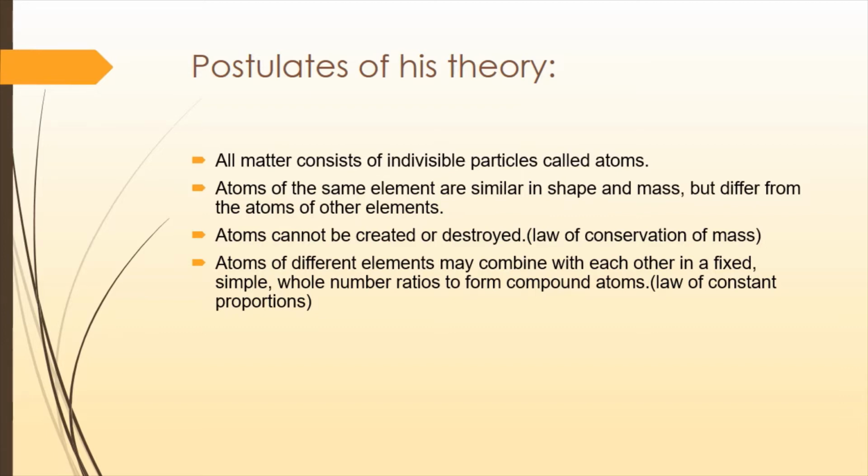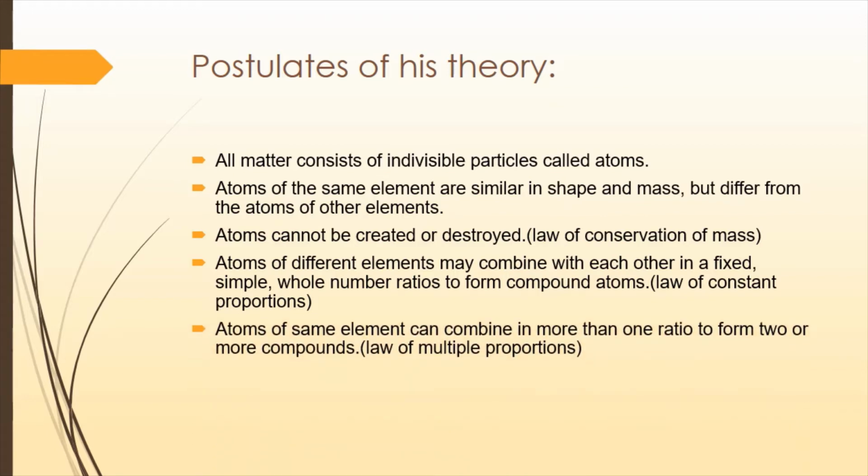This is similar to the law of constant proportions, which we have seen in the last video, because if atoms are combining in some fixed ratios, the whole element must also be combining in some fixed proportions.